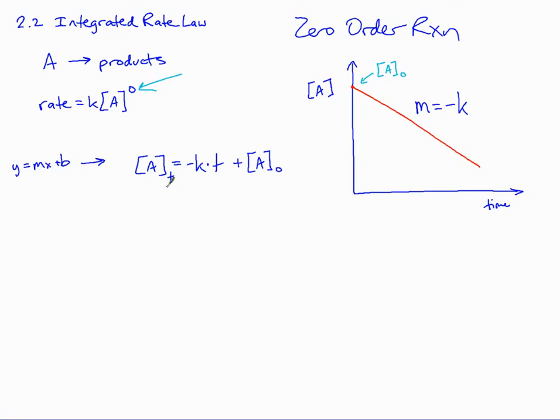Typically, you'll see this formula rearranged, and it's going to look more like this: the concentration of A at some point in time, minus the initial concentration, equals negative kt.